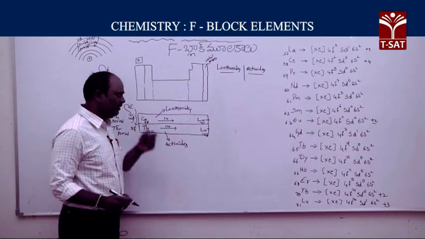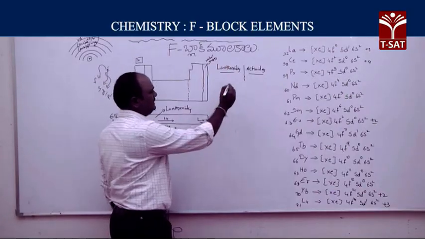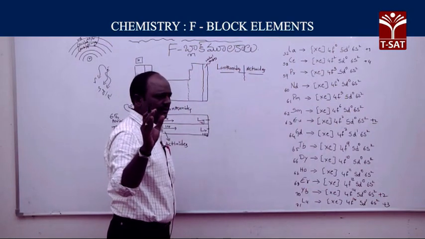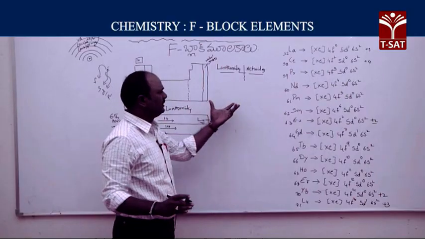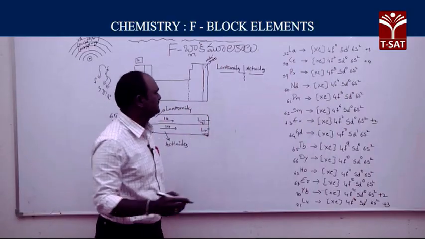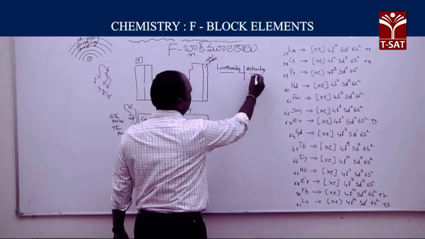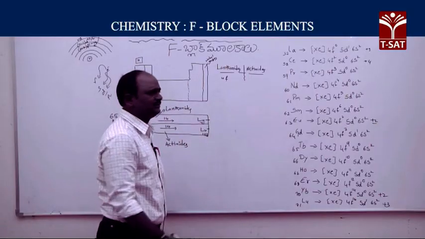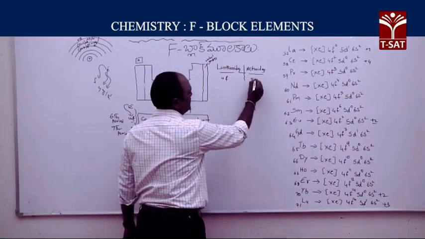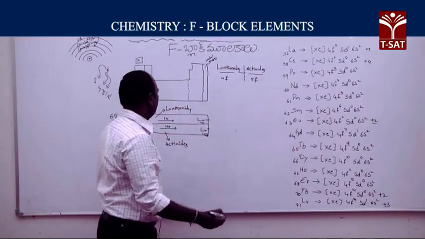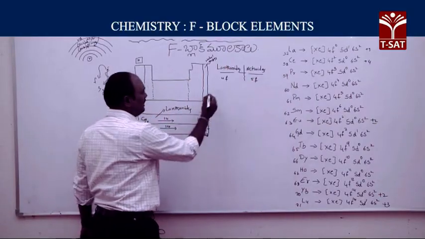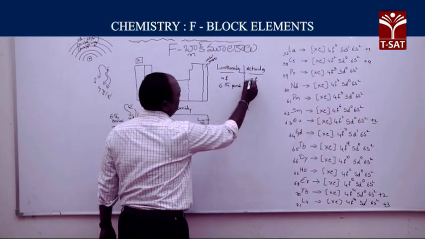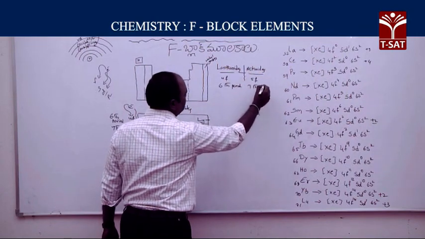Here we should know some very small differences that are 100% useful to get a complete idea of the f block elements. Lanthanides are 4f series elements and are present in the 6th period, whereas actinides are 5f series elements present in the 7th period.